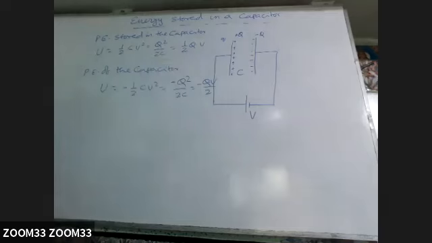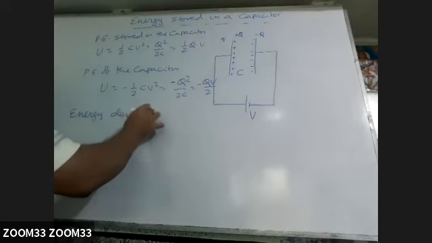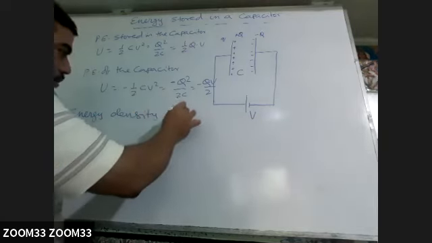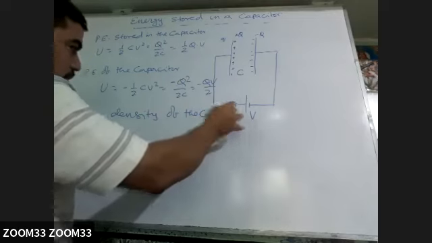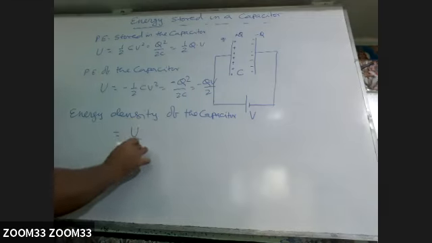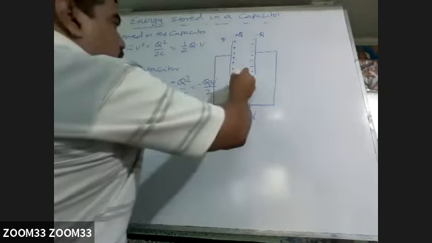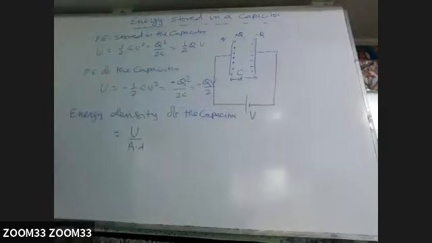Now energy density, if you are calculating, same way as we have done already. So energy density, where A is the area of each plate and D is the distance between the two plates. So energy per unit volume, that is energy density.